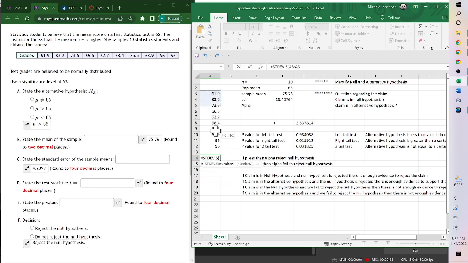Highlight the data. Close the parenthesis. And then divide by square root. Sample size, which is 10.